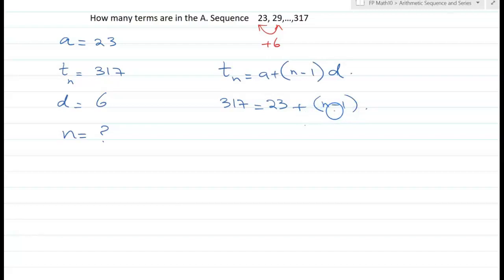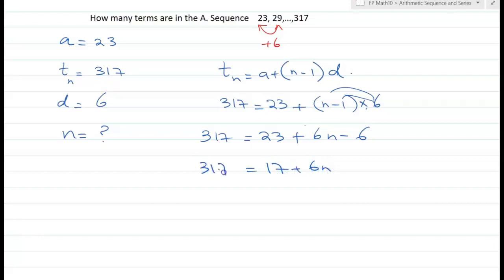N we don't know, we just leave it alone. D we do know is 6. All right, we are going to now simplify. So that's 23 plus 6 being multiplied in, 6n minus 6. And of course you're going to do the 23 minus 6. That is 17 plus 6n.